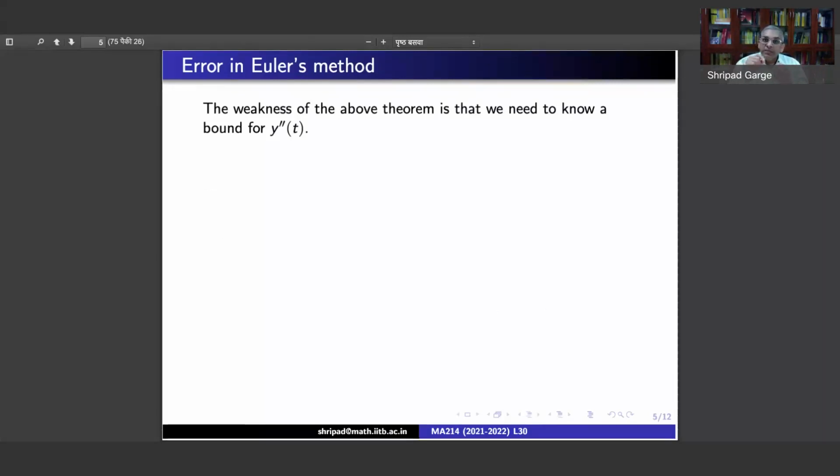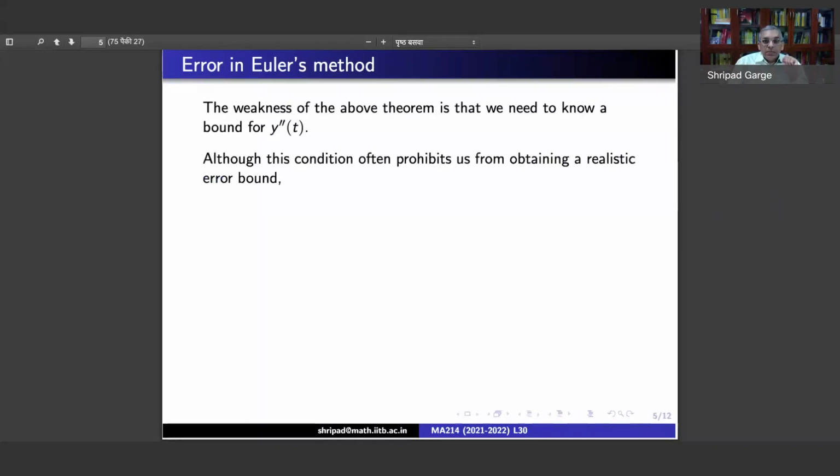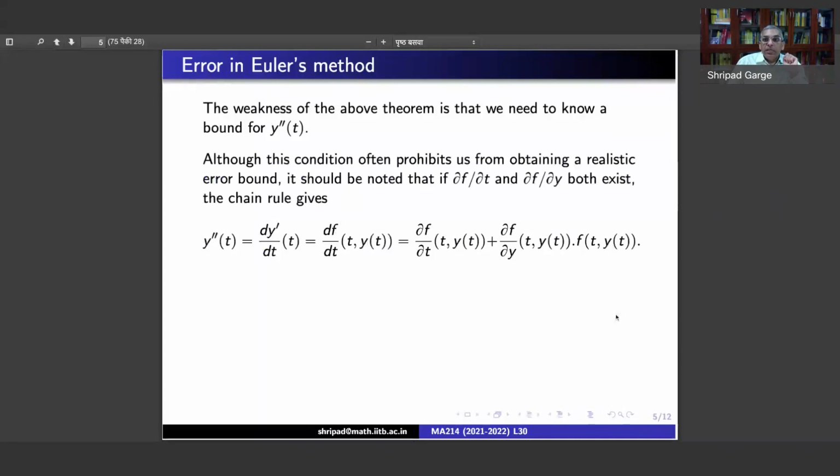So that is something which we don't quite know, but sometimes if you have information about the partial derivatives of the function f with respect to t and with respect to y, then the chain rule will tell you how to compute the second derivative.